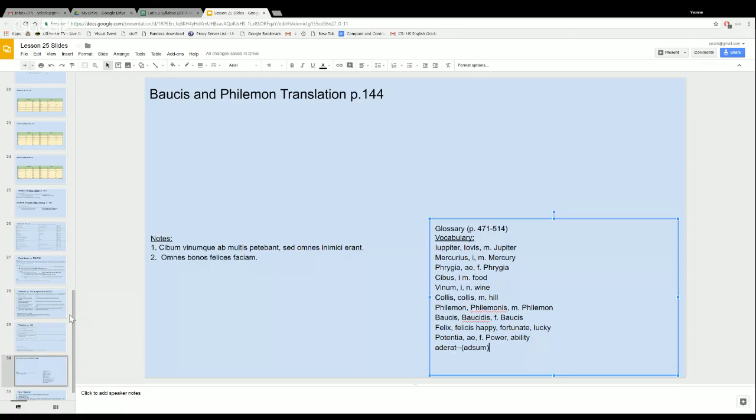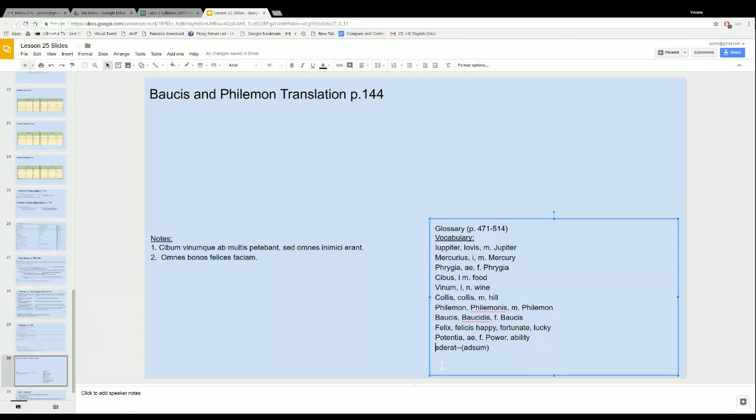Yes. Okay. What do we notice about adsum? It's a prefixed form of sum, right? So if we were to just remove ad here, erat, how would you translate erat? What tense is that?